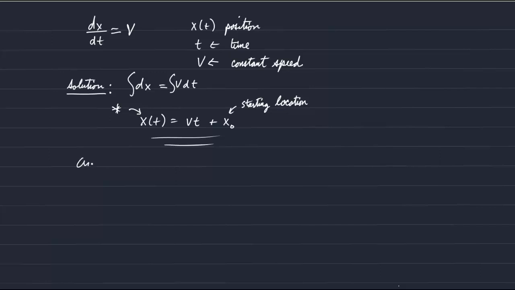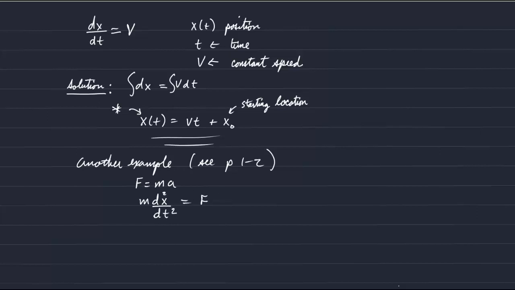Okay, another example is covered on pages 1 and 2 of Greenberg. It's based on Newton's second law, which is F, force, is equal to mass times acceleration. And if you recall from physics, the acceleration, I'm going to write this on the left-hand side of the equation, is the second derivative of position with respect to time.